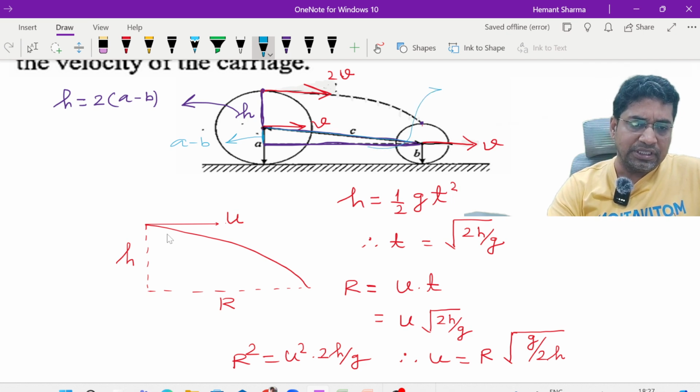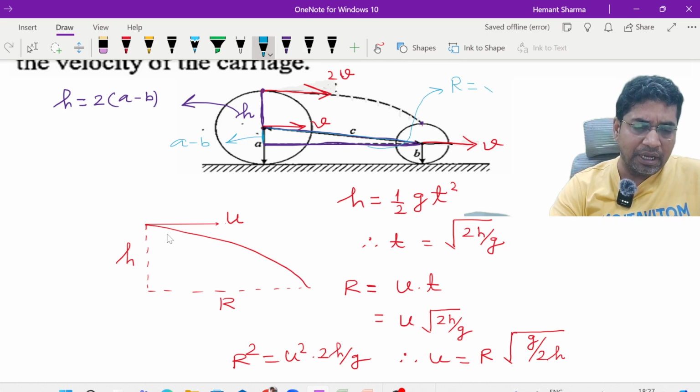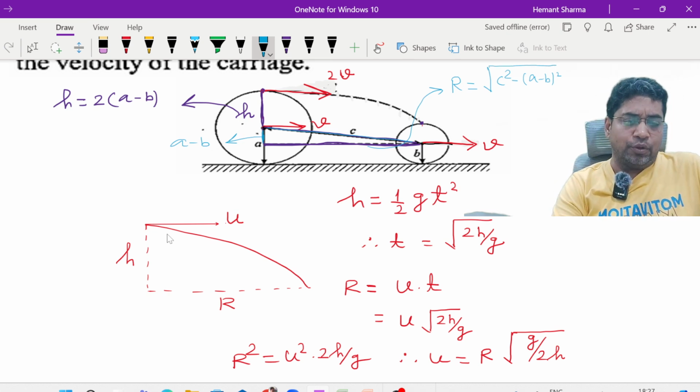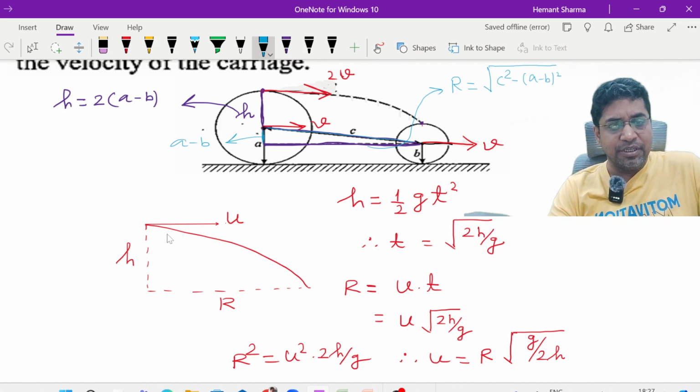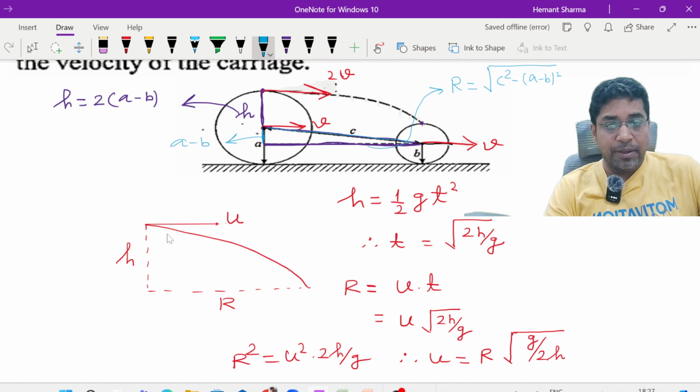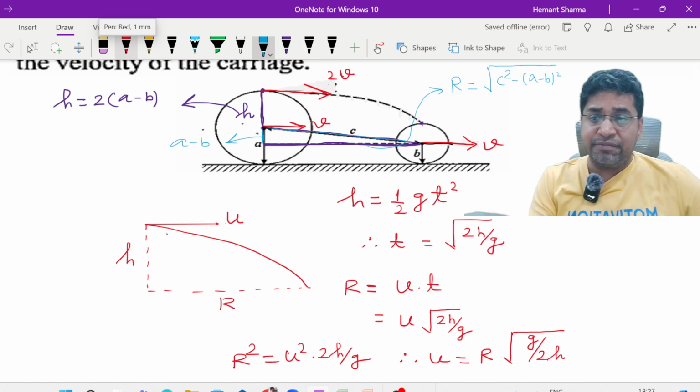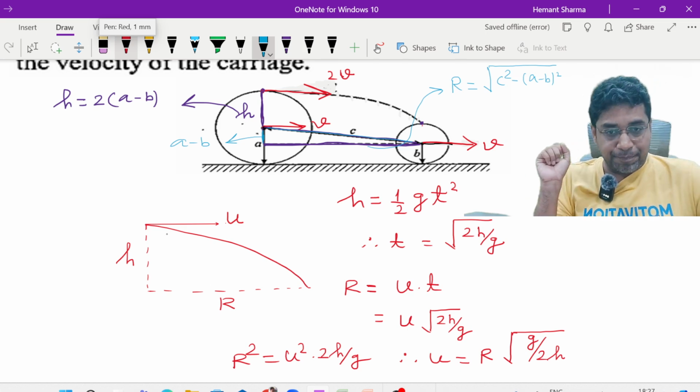So this range R will become under root c square minus a minus b whole square. If we put these two values, that is the value of R and h, in our expression, we will get u. But the question is, they have asked the linear speed with which this carriage is moving.